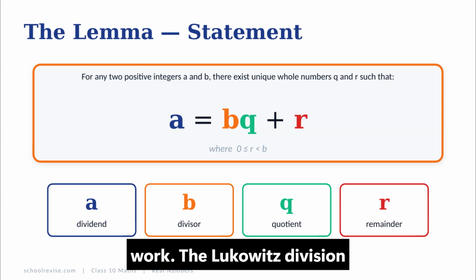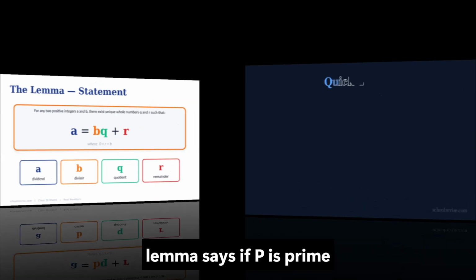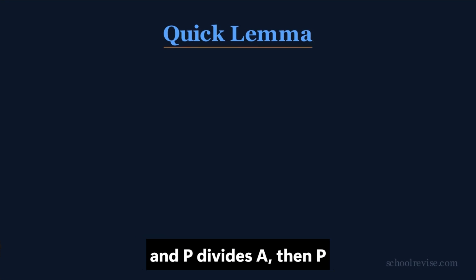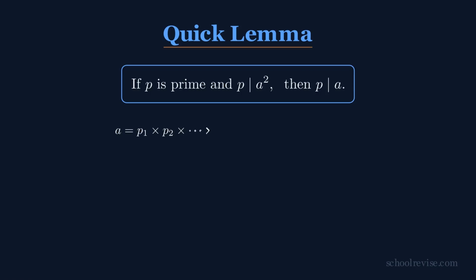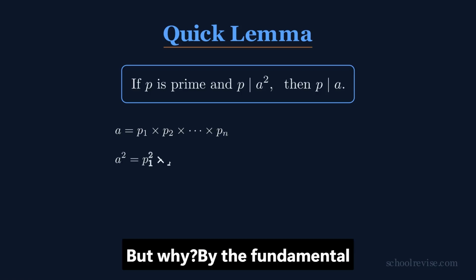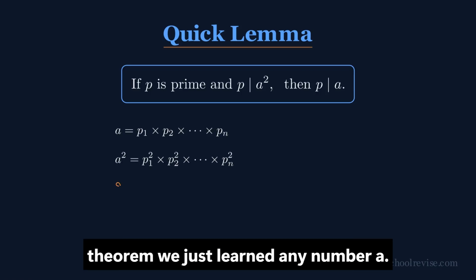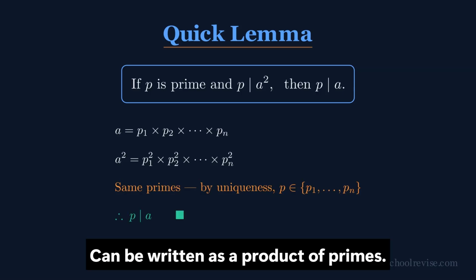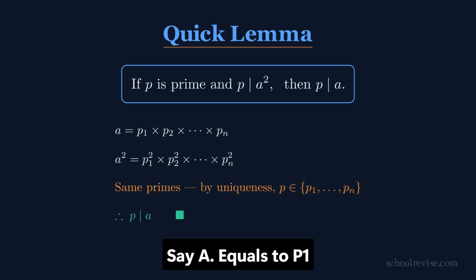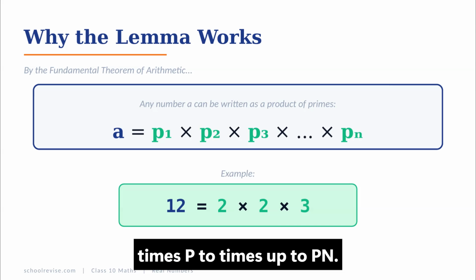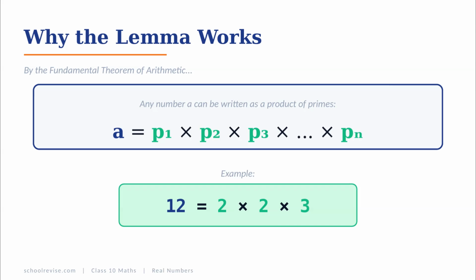Euclid's division lemma says, if P is prime and P divides A squared, then P must also divide A. But why? By the fundamental theorem we just learned, any number A can be written as a product of primes. Say A equals P1 times P2 times up to Pn.